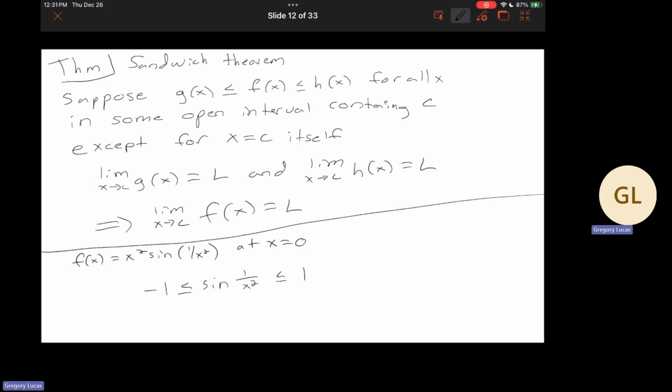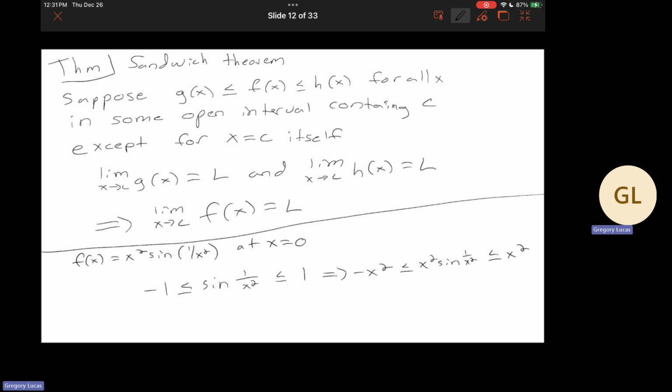We have x squared times sine 1 over x squared. So let's go ahead and multiply this whole thing by x squared. That doesn't change anything. Oops. Let's not forget the sign part. So minus x squared, multiply x squared to the middle, and then multiply x squared to the outside.